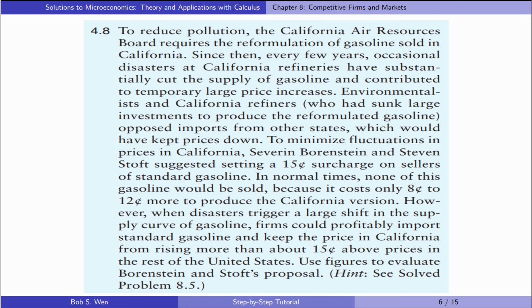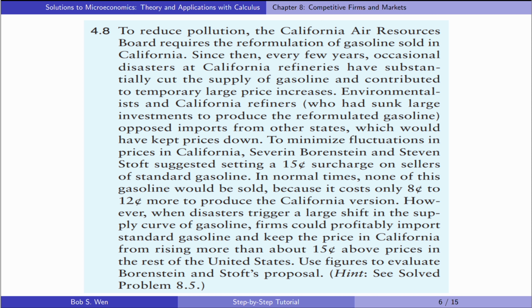To minimize fluctuations in prices in California, researchers suggested setting a 15-cent surcharge on sellers of standard gasoline. In normal times, none of this gasoline would be sold because it costs only 8 cents to 12 cents more to produce the California version.